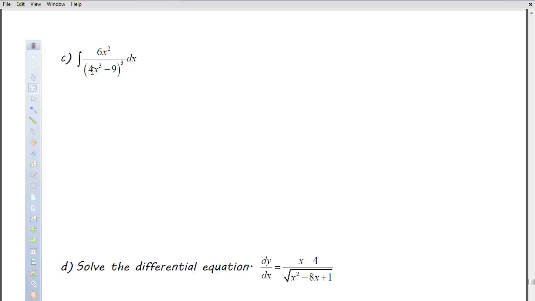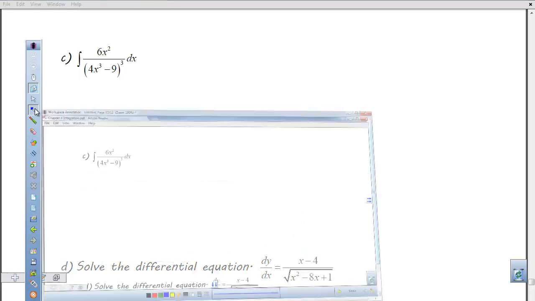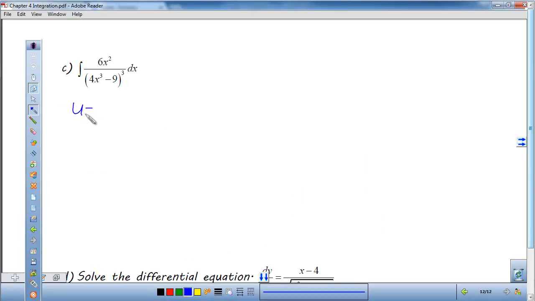The difference between that and this is just a constant multiple. So we're going to let u equal 4x cubed minus 9, and du is going to equal 12x squared dx.